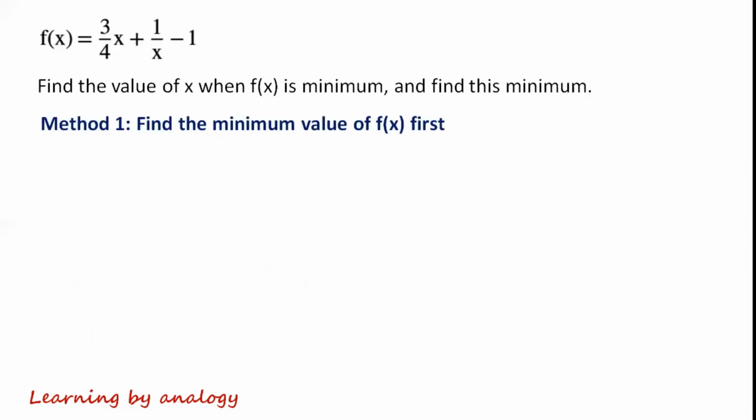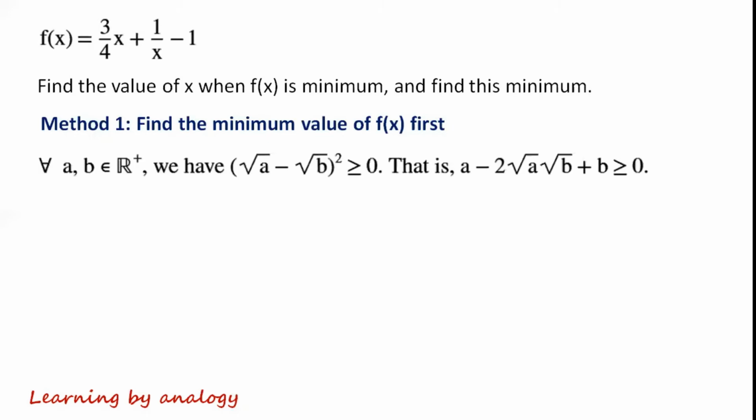In this approach, we find the minimum value of f of x first. For all a, b in the set of positive real numbers, we have root a minus root b all squared is greater than or equal to 0.